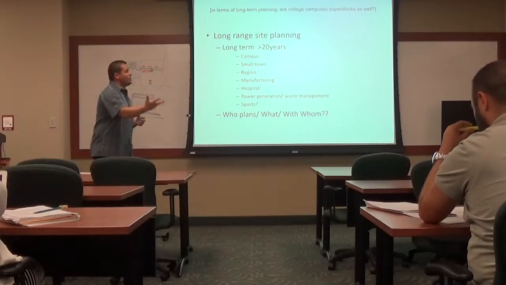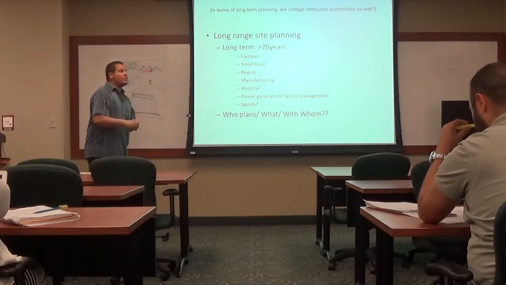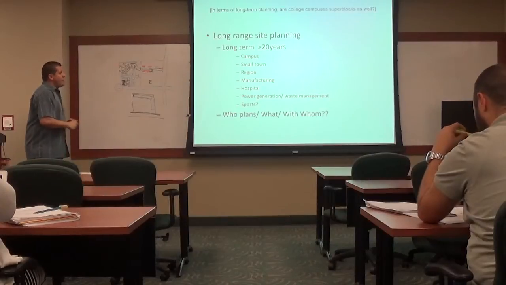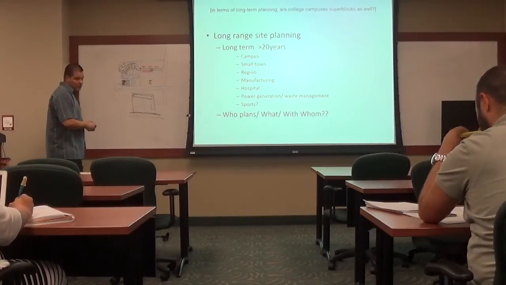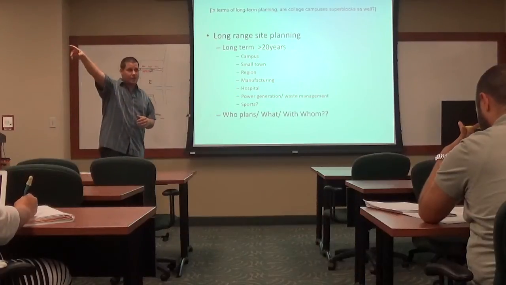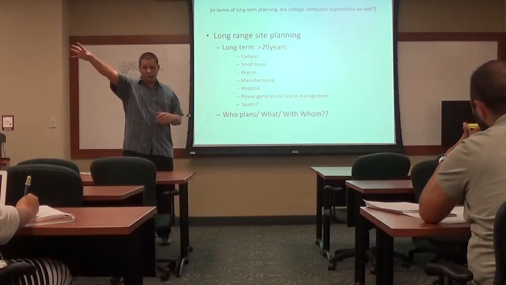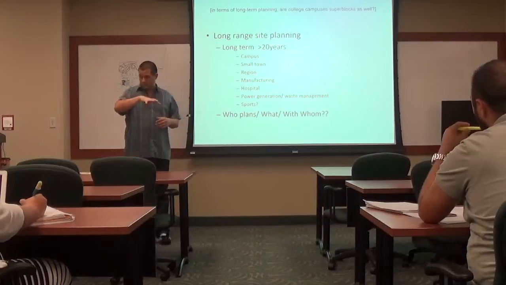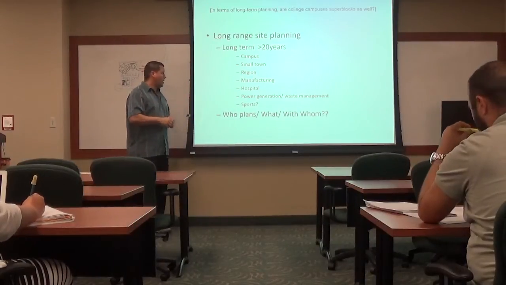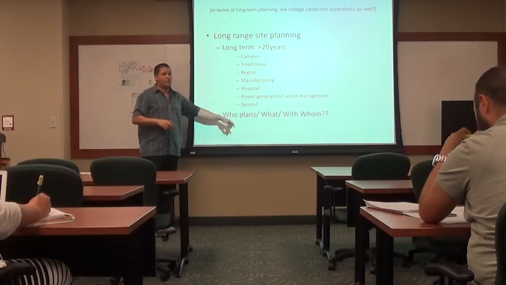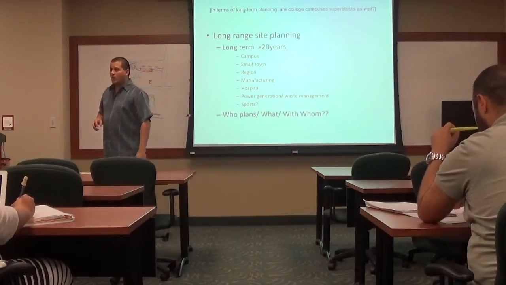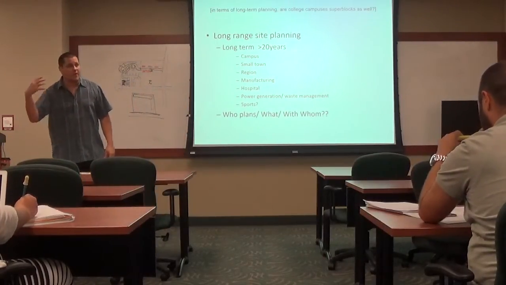this is kind of the example, jumping over to the example of special types: campuses, small towns, regions, manufacturing, hospitals. We recently had huge news breaking about a hospital moving here, being attached to a campus. And then what's commonly not really discussed: power generation or waste management. If you have people living somewhere, they produce waste.